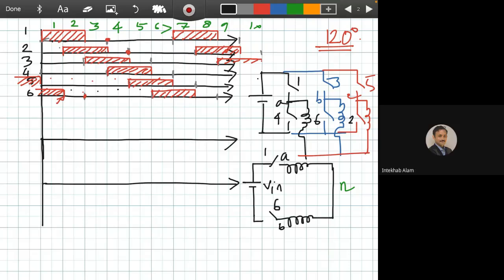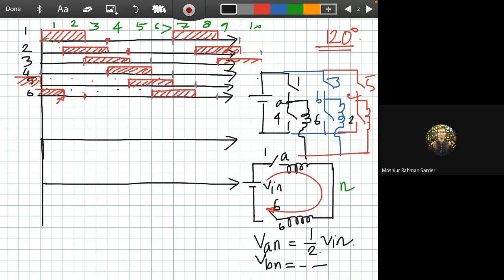So Van will be half of Vin, if we take the voltage division rule here, since both the impedances are the same. So what is the value of Vbn? It will be minus half of Vin. Do you have any other question regarding these points?